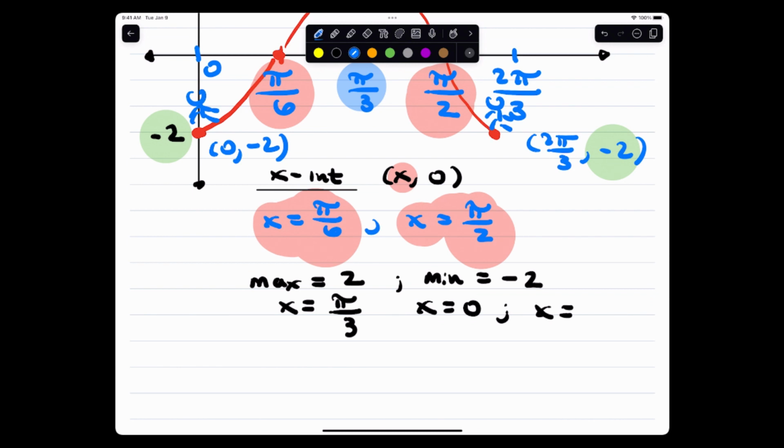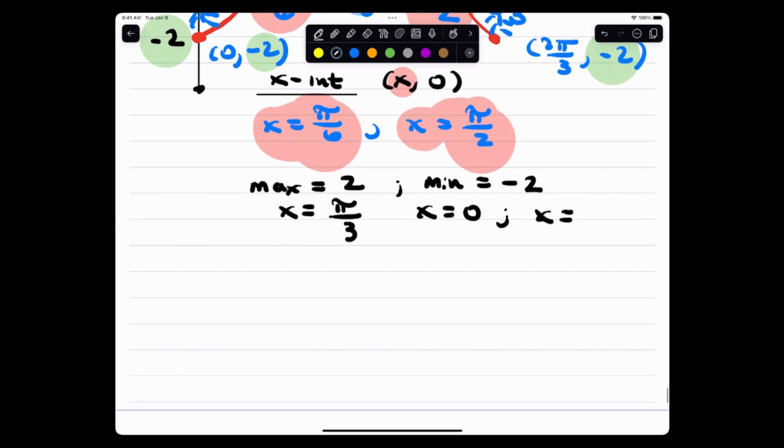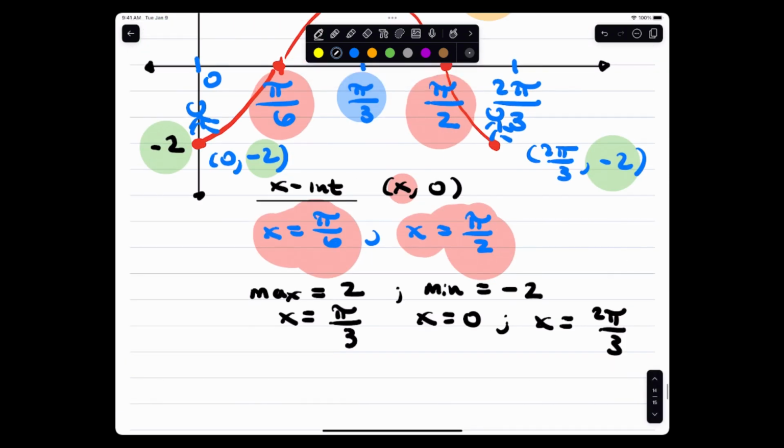Okay, let's put the right colors. It happens when x will be these numbers here, 0 and 2 pi over 3. So I want to point that out if it makes sense to people. The maximum value is always the what? Y value, and the minimum value is always the y value.